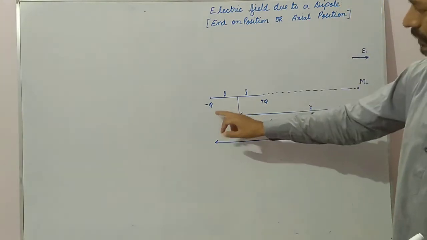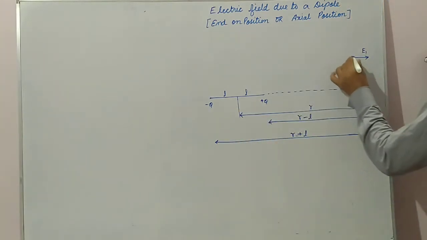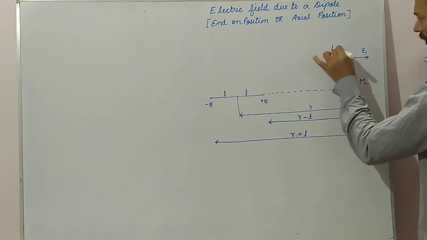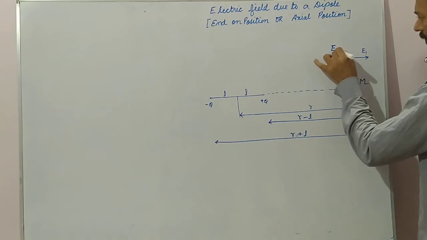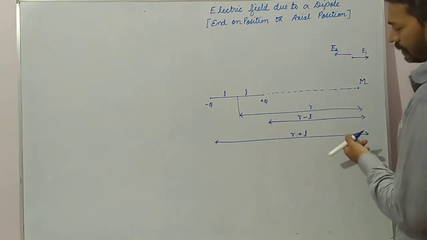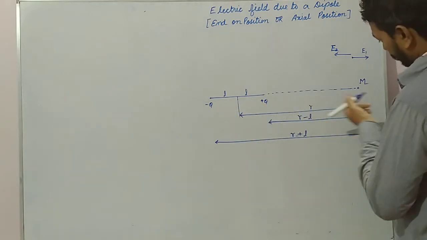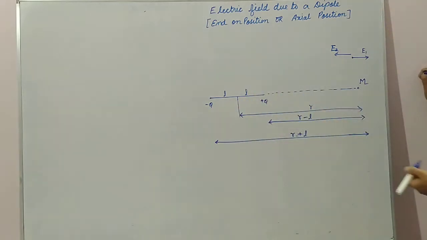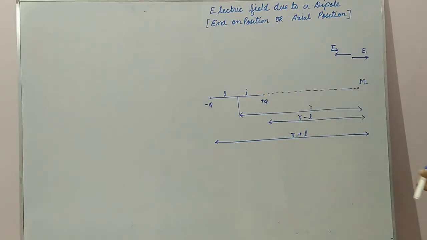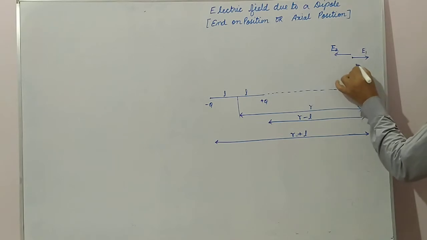Due to the minus Q charge, the electric field will act towards left, E2. As the charges are the same, but the distance of M from minus Q is more, the electric field due to minus Q charge will have less magnitude as compared to E1.